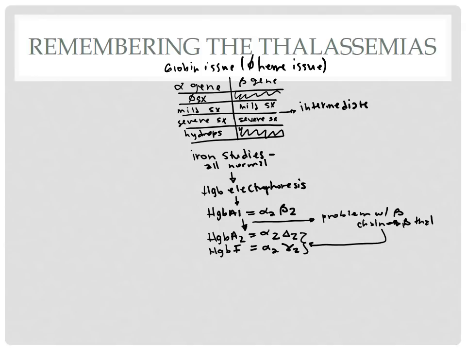If you have hemoglobin A2 and hemoglobin F in there in increased amounts, very high amounts, that gives you your diagnosis of beta thalassemia. Now if you do your electrophoresis and you don't have these results, then you need to look at alpha chains. So we'll come over here to look at some of those alpha chains.